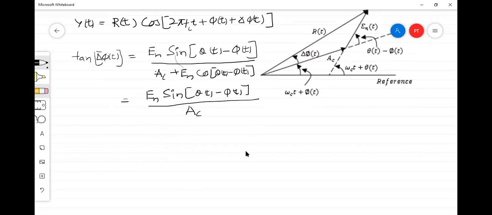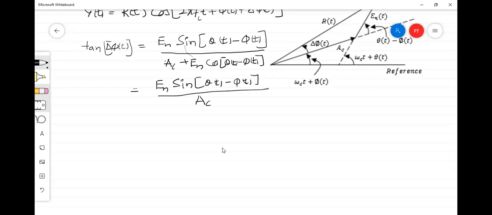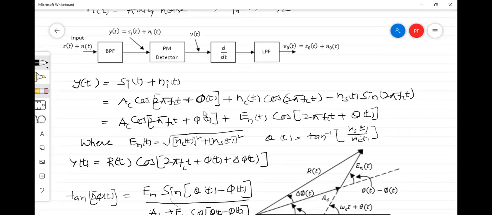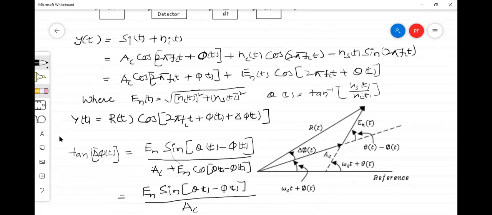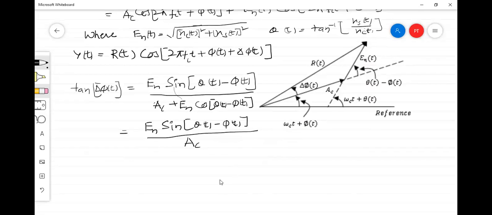Fine. So now we have at the input of the FM detector a signal component and a noise component, and the sum of these two is in this form. Okay, then what about the output?